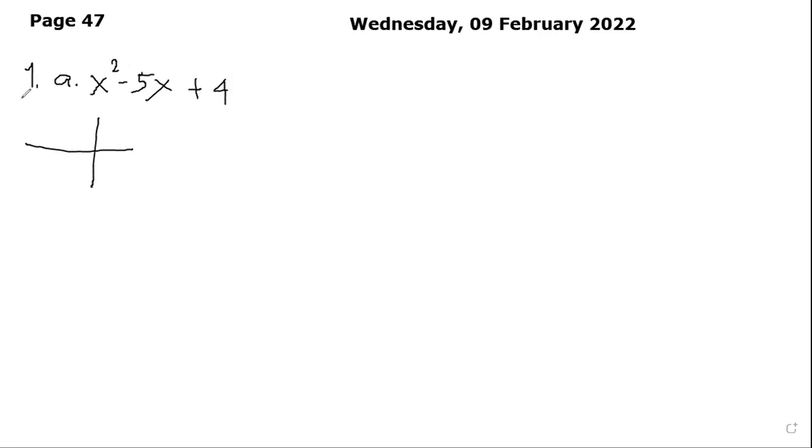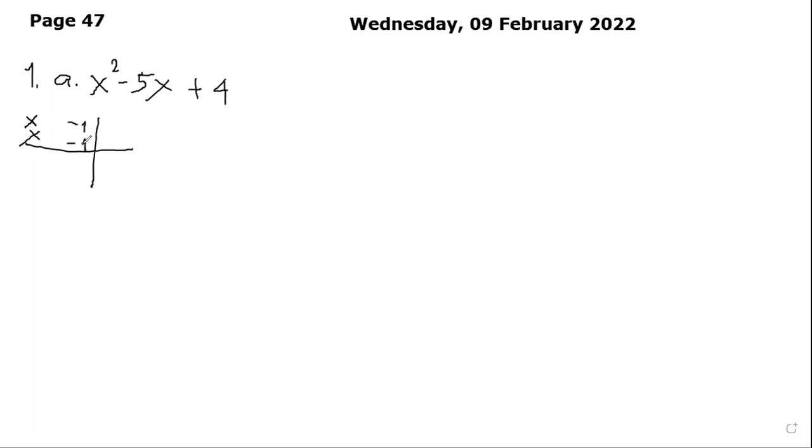Okay. So, number 1, factorize completely. Letter A. You have there x squared minus 5x plus 4. So factor out the first and the third term. You have x and x. We have positive 4 and negative in the middle, so therefore we can have both negative.